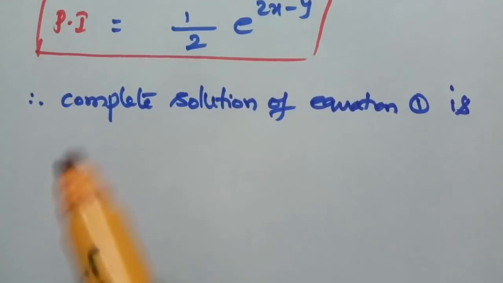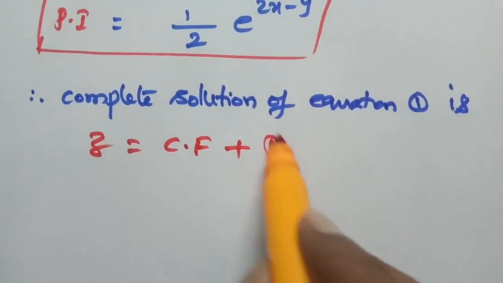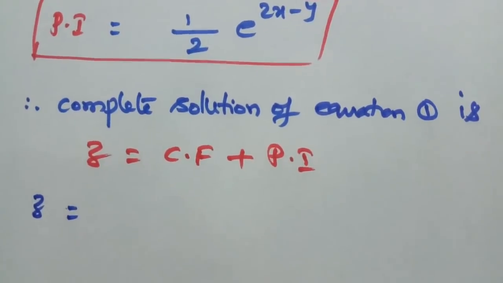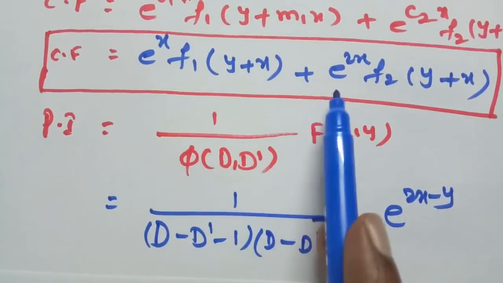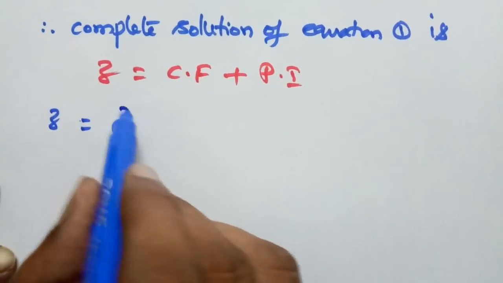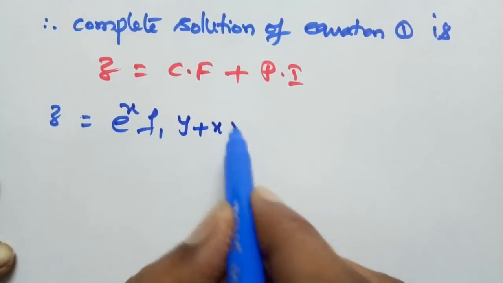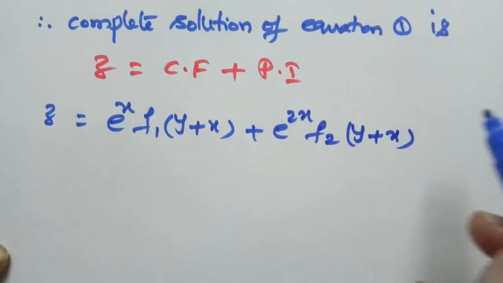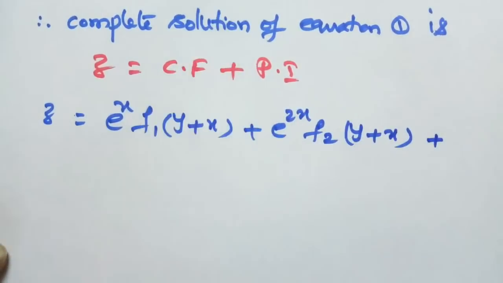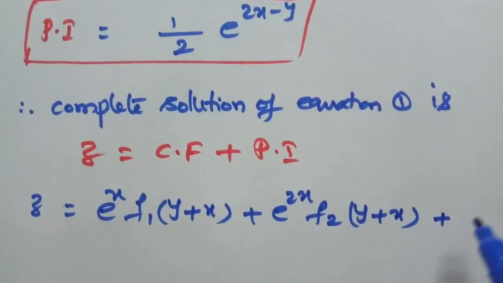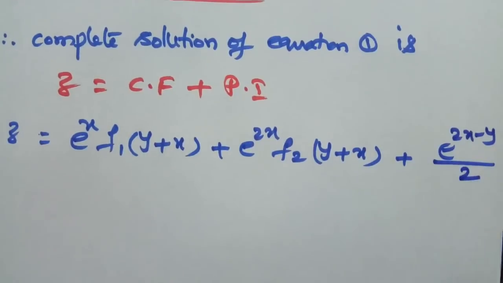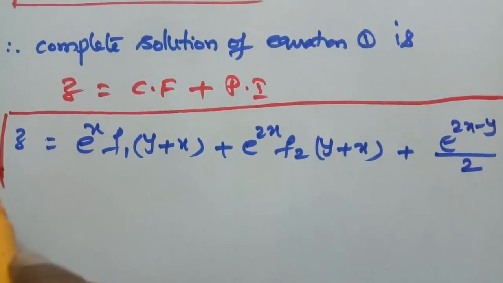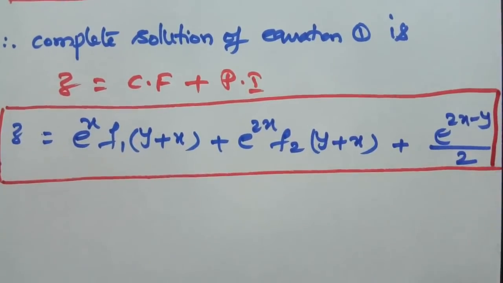Equation 1 is z equal to complementary function plus particular integral. z is equal to e^x f1(y + x) + e^(2x) f2(y + x) + e^(2x - y)/2, which is the required complete solution for equation number 1.